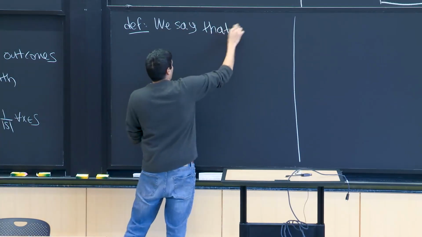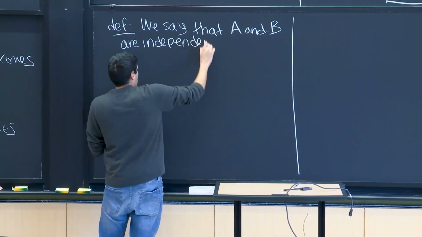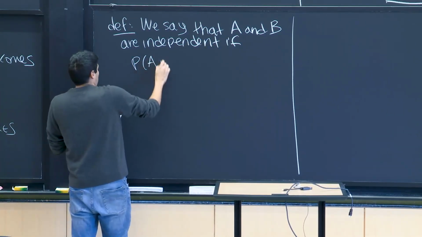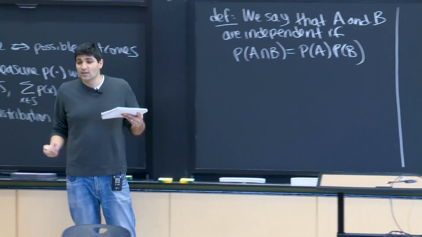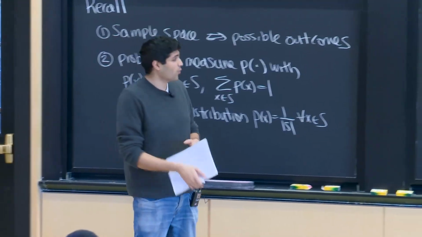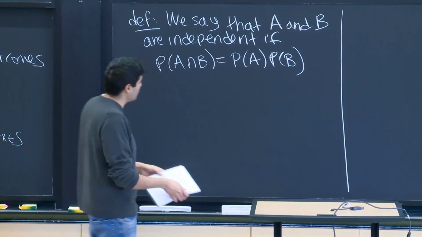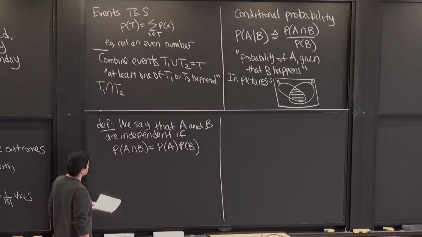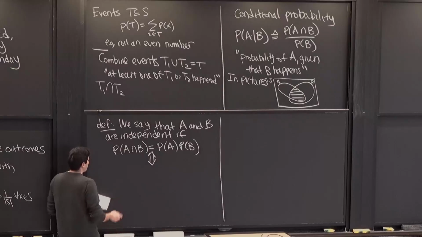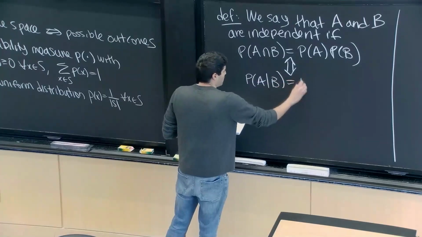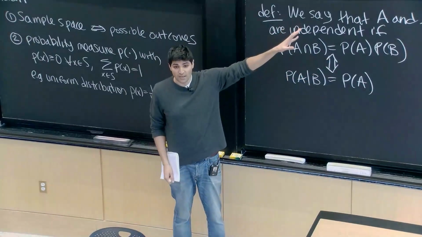So we say that two events, A and B, are independent if the probability of A intersect B is equal to the probability of A times the probability of B. This is in some sense the simplest way that the probability of intersecting two events could work: whether A happens contributes this P of A, and whether B happens contributes this P of B. But in fact, just as an exercise, using our definition for conditional probability, we can see that independence is really equivalent to a much simpler thing, which is that the probability of A given B is equal to the probability of A. This comes just from dividing through by the probability of B and using my definition for conditional probability.